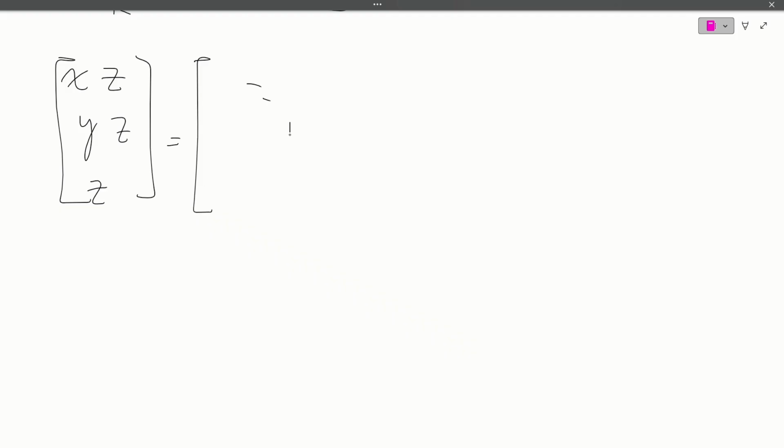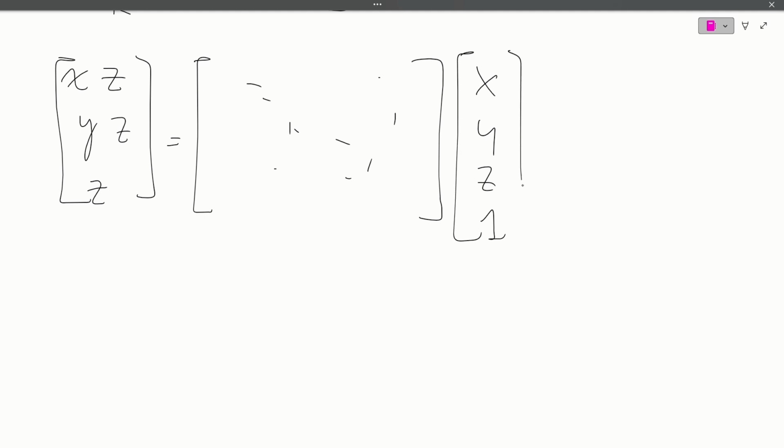I don't want to write all the entries here. And now we know this and this, so this is setting up a solvable linear system. Okay?